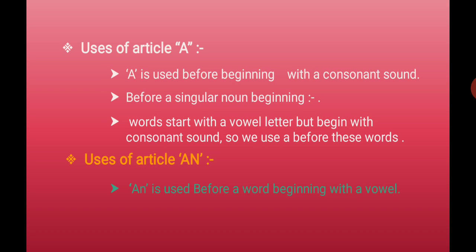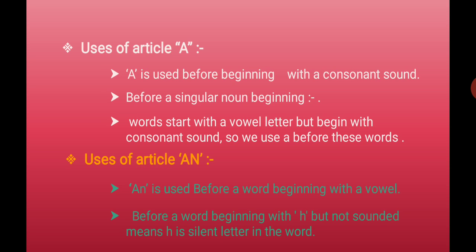It is a very basic and easy rule to remember. This is the first rule. And the next rule is, in some cases the word begins with H but it is not sounded, meaning H is silent. In that case we use an before this type of words.